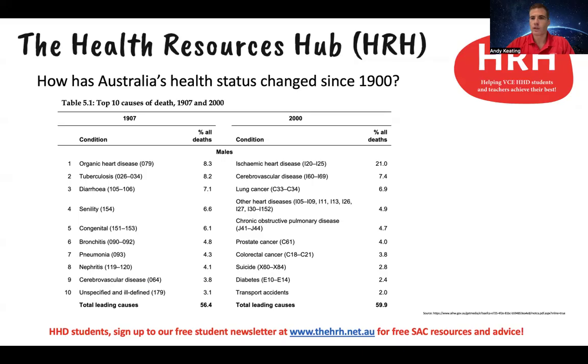So if you're looking at changes from 1907 to 2000, improvements in health status, you can use a table like this to look at changes in those top conditions, which can help give you a sense of what might have changed. And as I said, in the subsequent video, we'll have a chat about what might be some reasons for why some of this might have occurred.